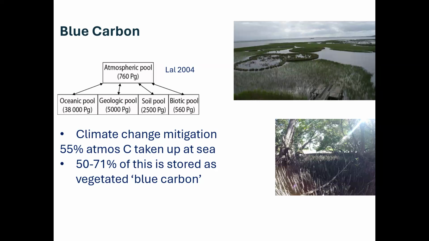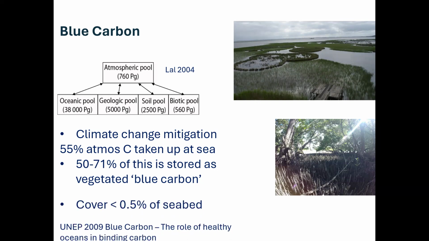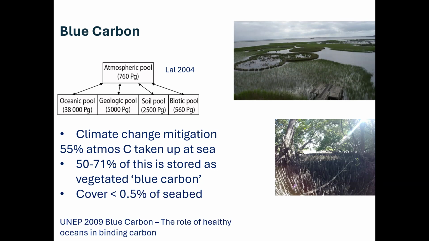But a large proportion of it is actually just at those fringing margins, and that's stored in those vegetated blue carbon ecosystems. And they themselves cover less than 0.5% of the seabed. So you've got an enormous proportion of carbon locked up in a very, very small area.